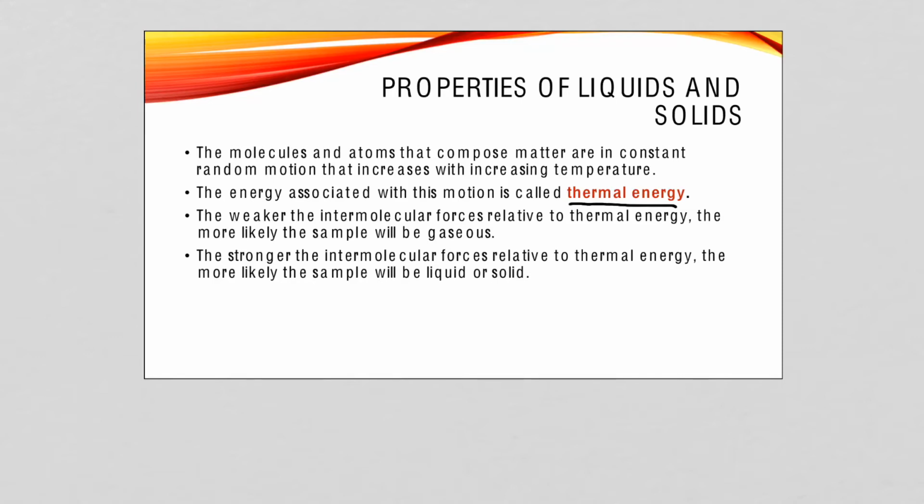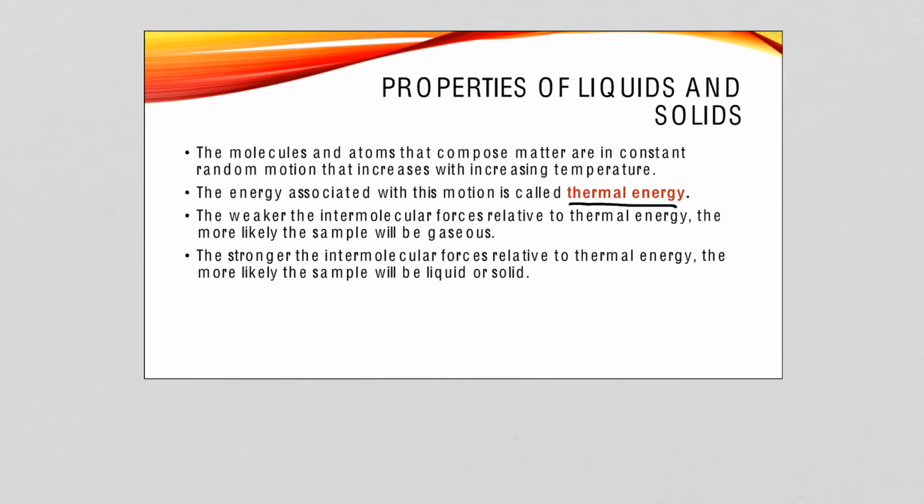And so this can all be tied back to intermolecular forces, right? And so if a species or a compound has weaker intermolecular forces, right, then the samples will tend to be gaseous at lower temperatures, right? Because as the molecules start moving faster and faster, those weak intermolecular forces will break and the material will exist as a gas.